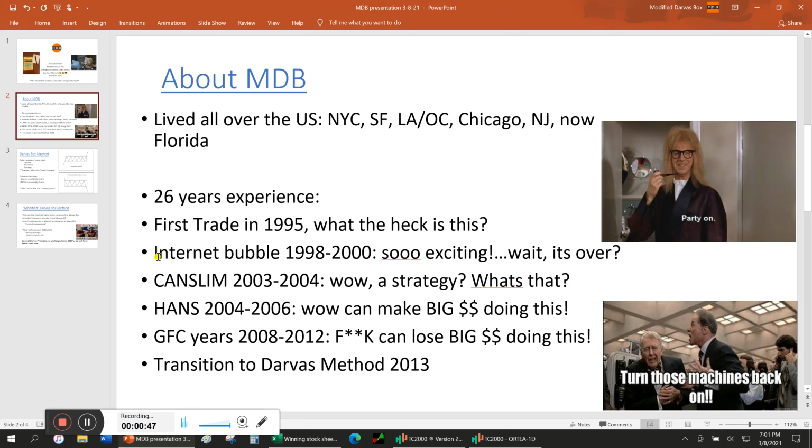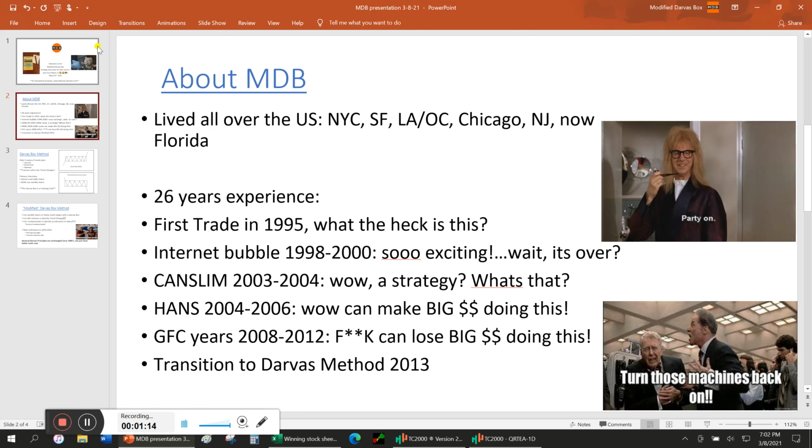I adopted the CANSLIM method in 2003, and you start getting into strategies. Had my first giant winner in Hansen Natural in 2004, and then the global financial crisis in 2008. Both those periods showed me you can make big money doing this, and you can lose a ton of money also. So nothing's easy in this game.